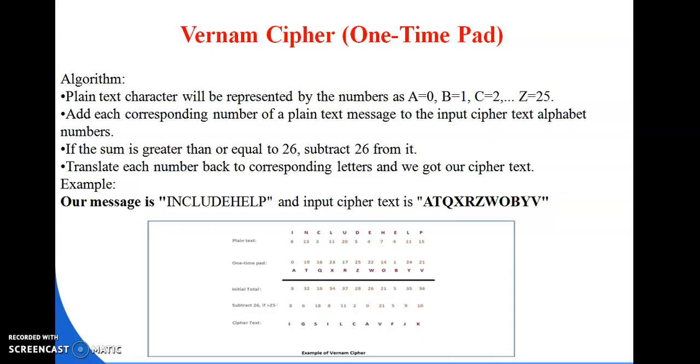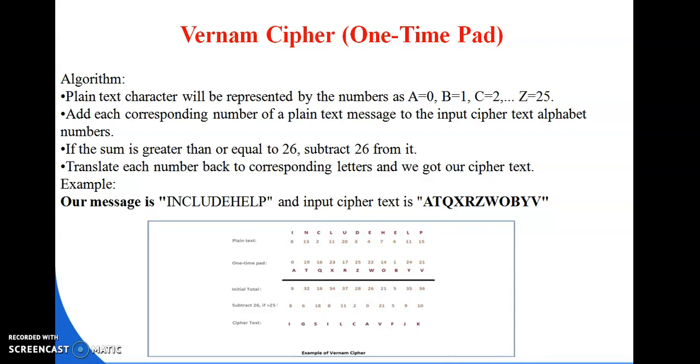That means the starting letter is A, whose serial number is 0, and the end letter is Z, whose serial number is 25. Next step, add each corresponding number of a plain text message to the input key alphabet numbers. If the sum is greater than or equal to 26, subtract 26 from it, translate each number back to corresponding letters, and we get our ciphertext.